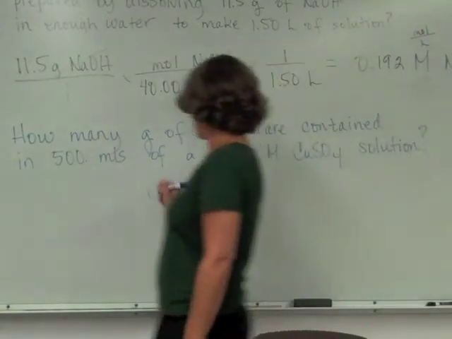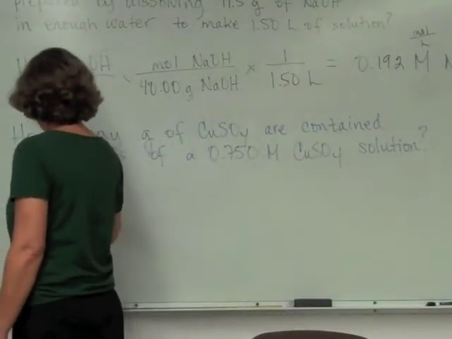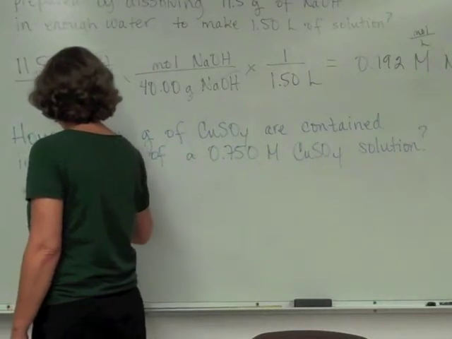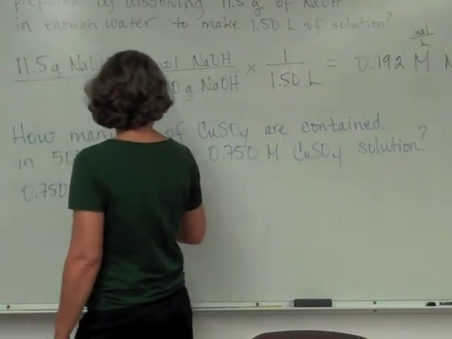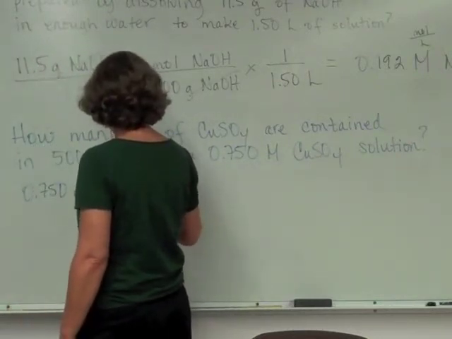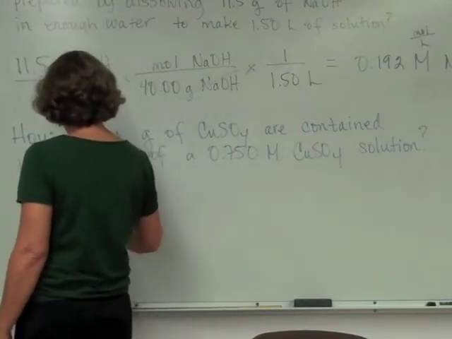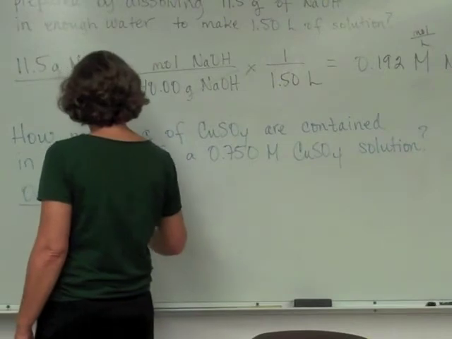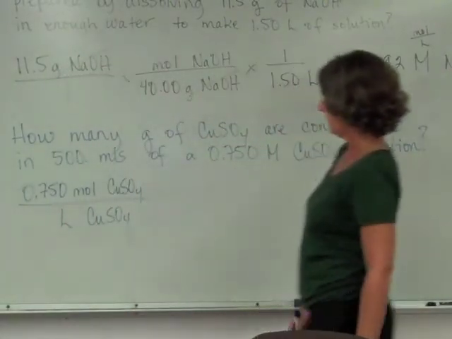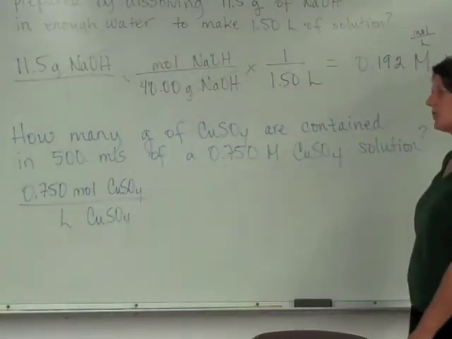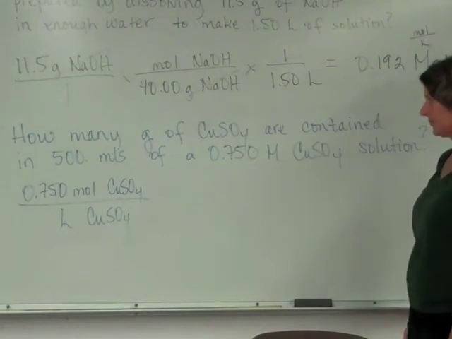So, I've got 0.750 moles of CuSO4 per liter of CuSO4. Okay, that's what that means, 0.750 moles per liter.